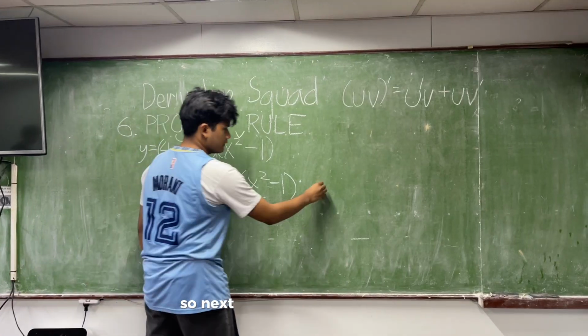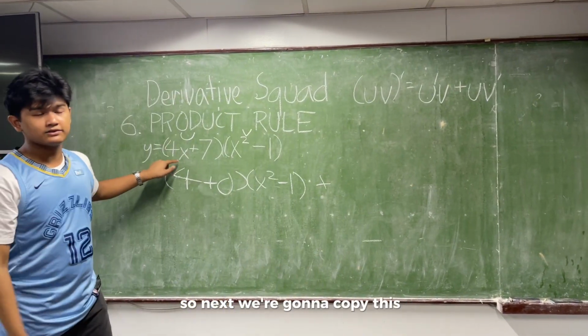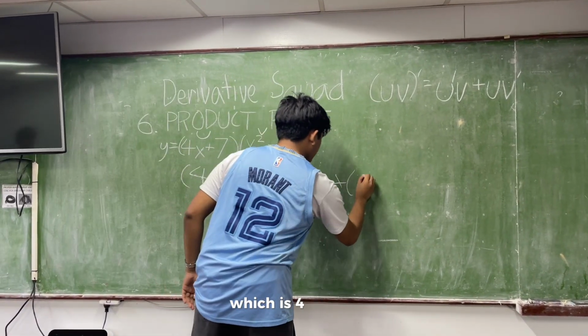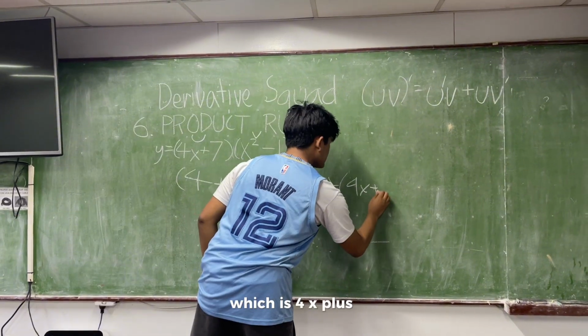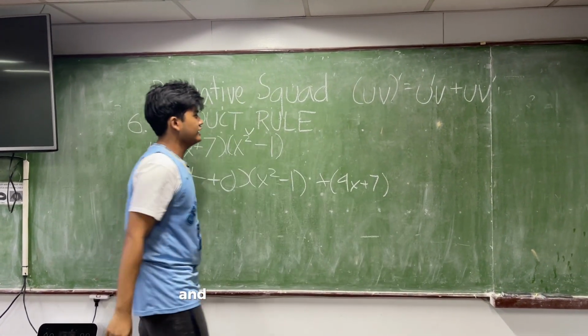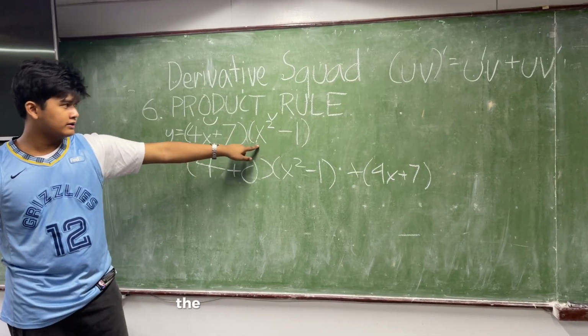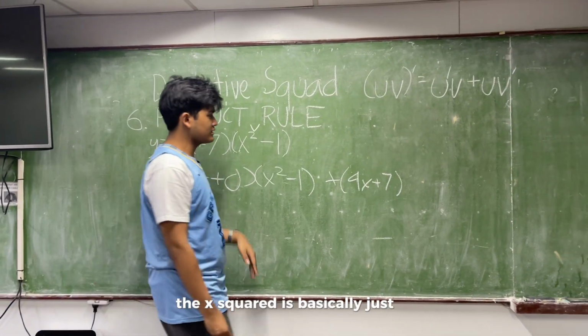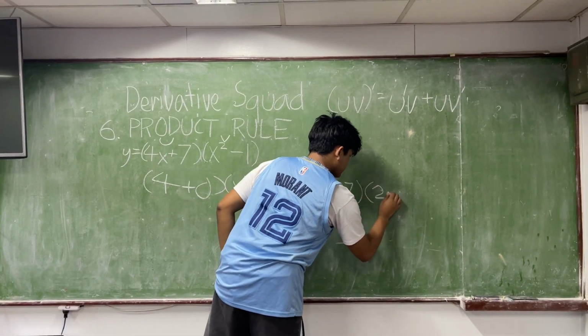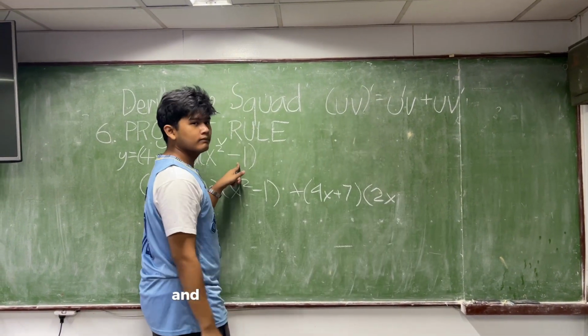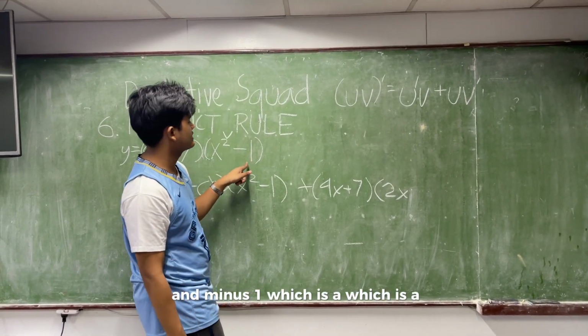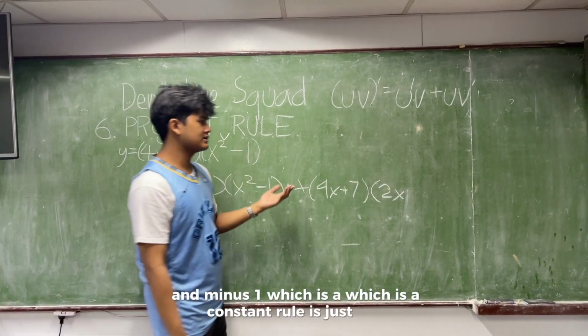Next, we're going to copy this u, which is 4x plus 7, and derive this. Using the power rule, the x squared is just 2x, and minus 1, which is a constant rule, is just 0.